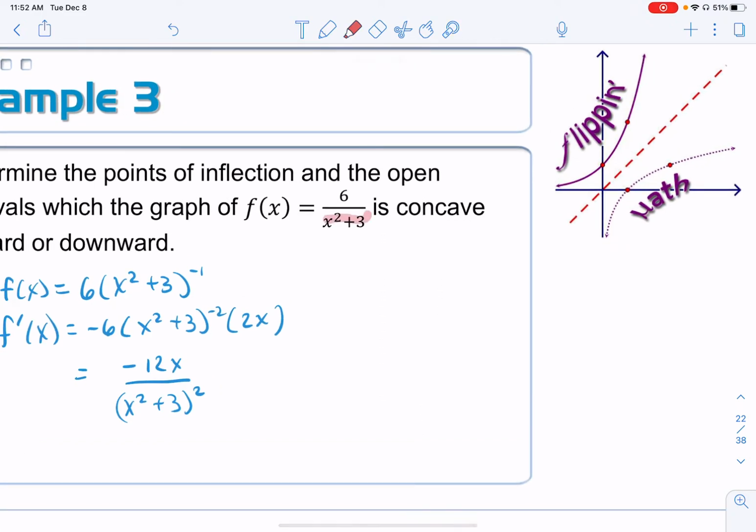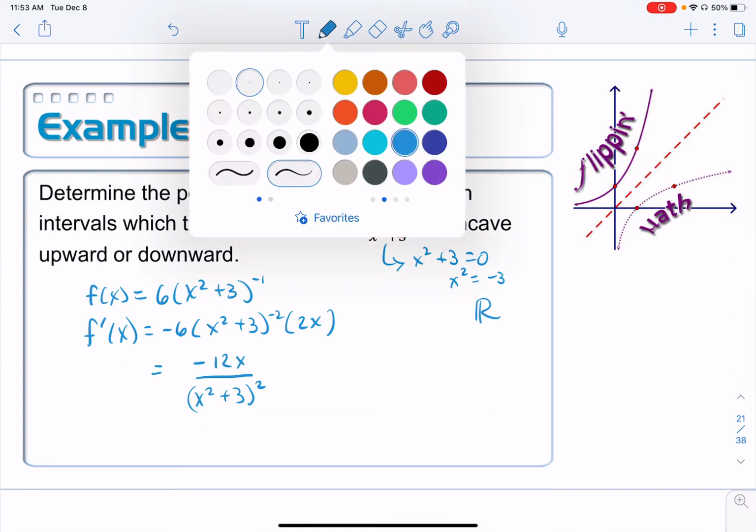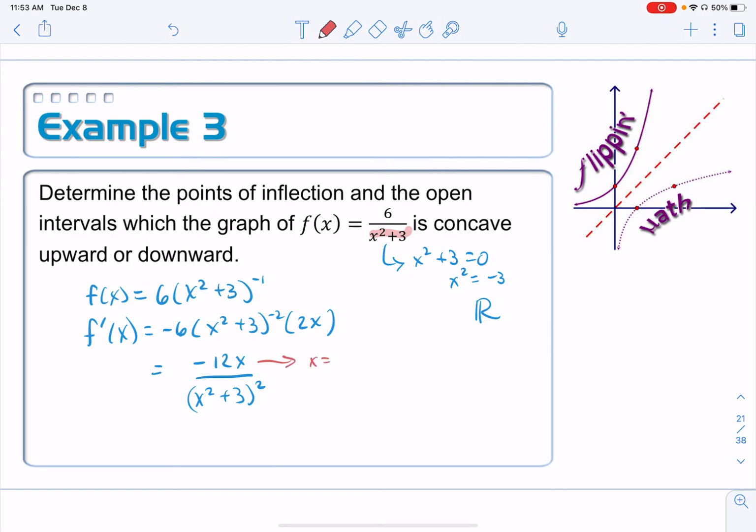If I were to trace out what its domain would be, x squared plus 3 being equal to 0 is not possible because you'd have x squared is equal to negative 3, and that would have to be imaginary. So the domain here is all real numbers. So you don't get any critical numbers from the bottom, you'd only get one from the top. And again, where that would happen is 0. At x equals 0, this is a critical number, and that could be a minimum or maximum point, and that's the stuff that we did before in the previous lesson.